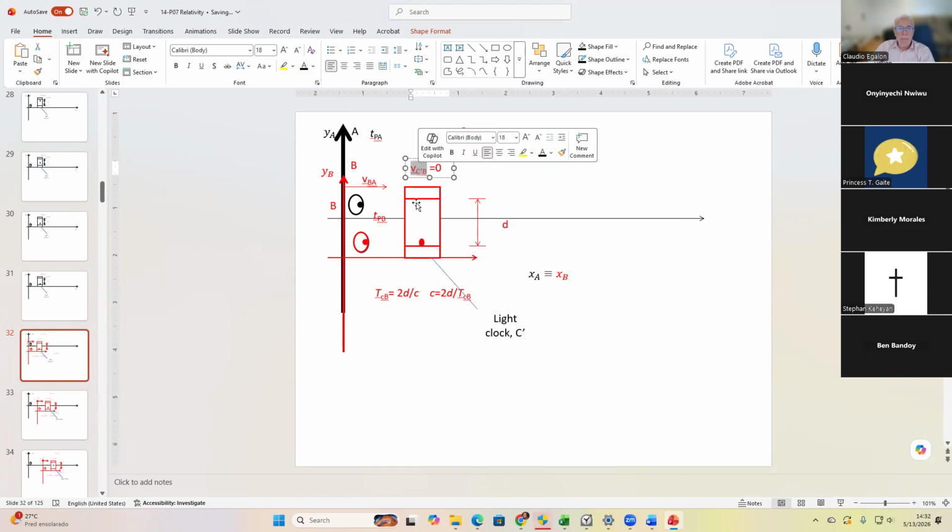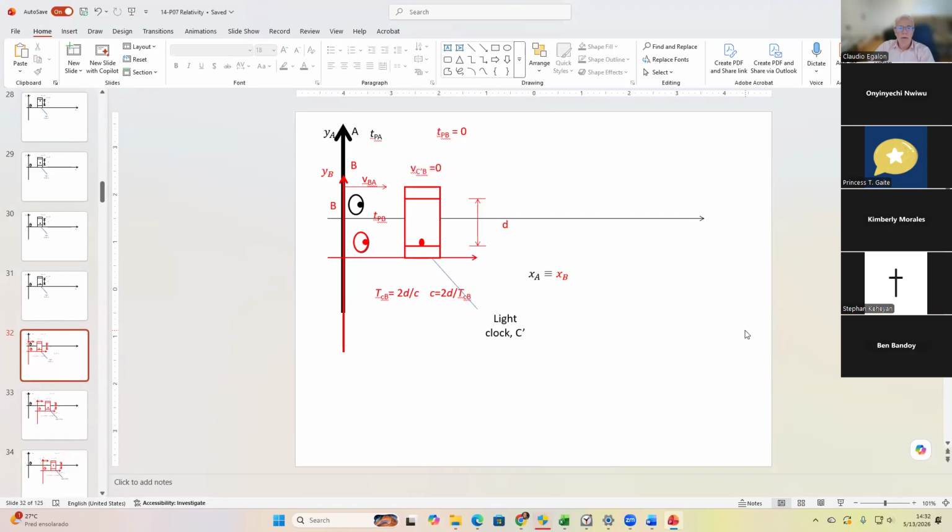Here's the velocity of C prime with respect to referential B. It is at rest.